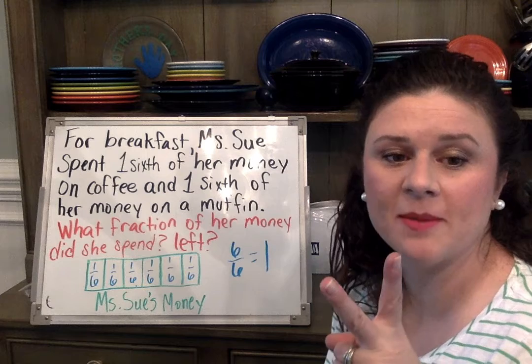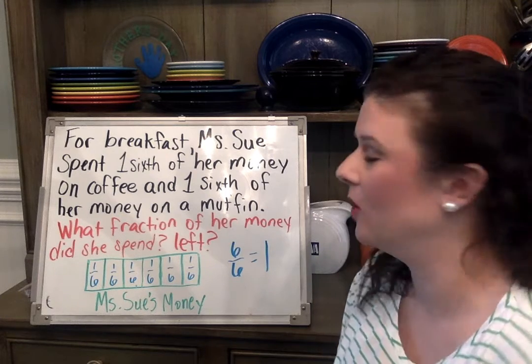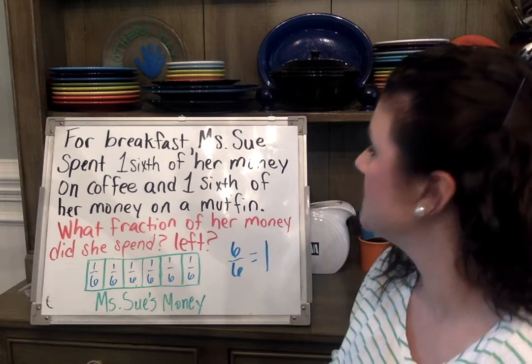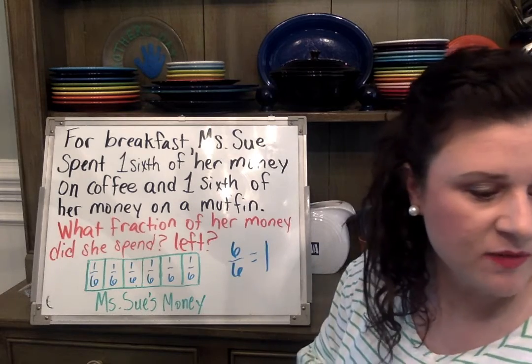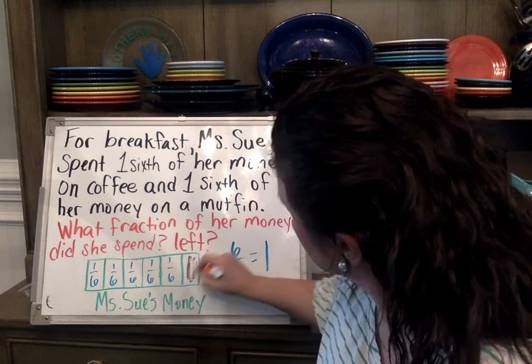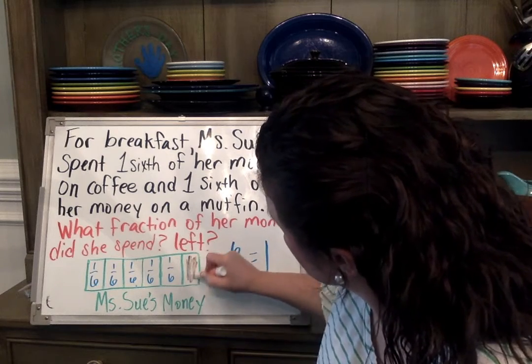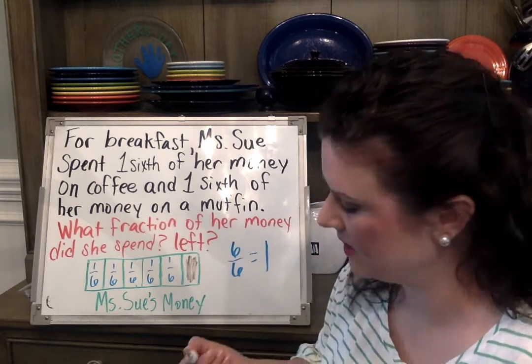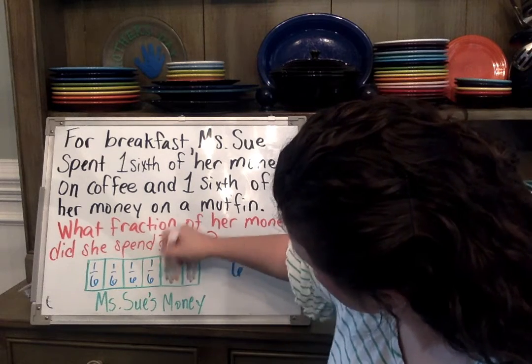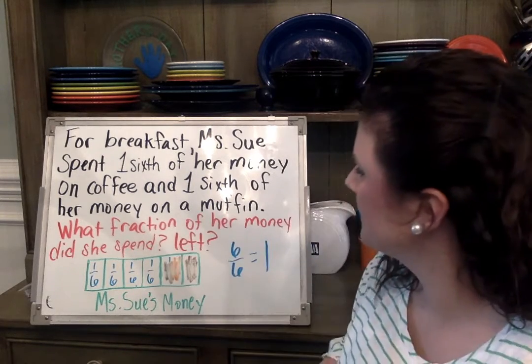If the numerator and denominator are the same, it's going to be 1 whole. So Miss Sue spent 1/6 of her money on coffee. Oh, it looks nasty looking. It's supposed to be orange. And then she spent 1/6 of her money on a muffin.